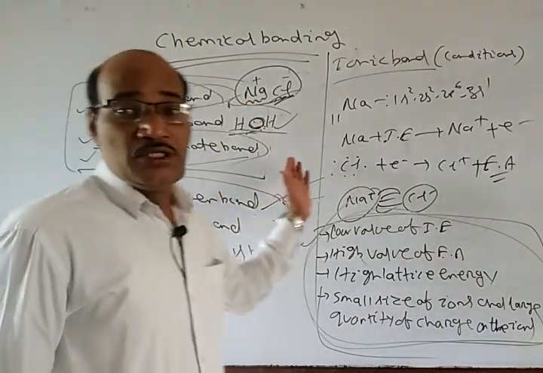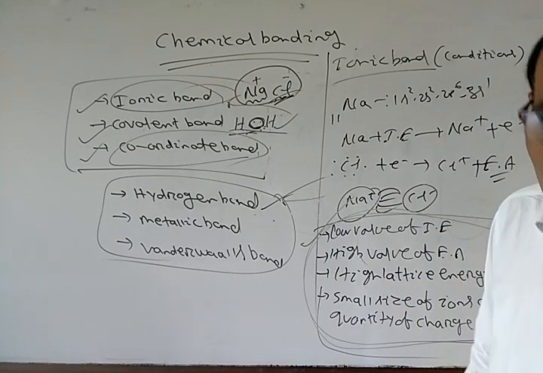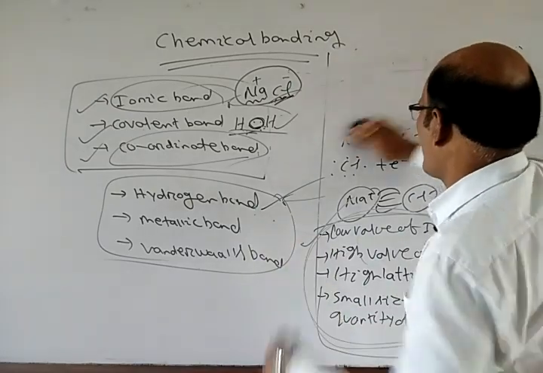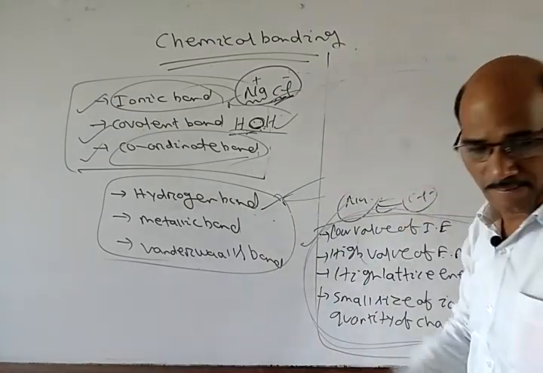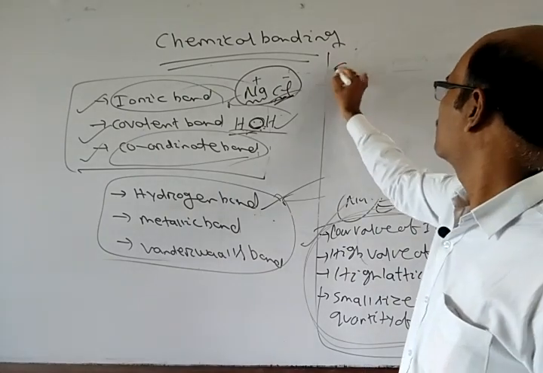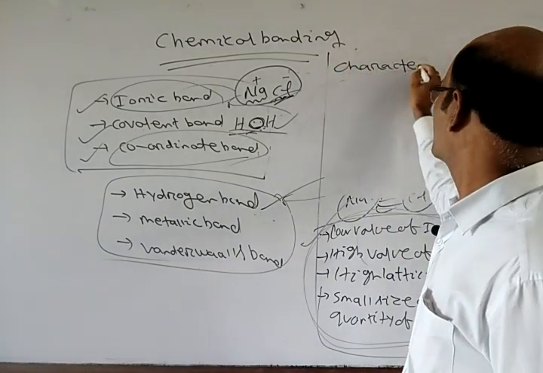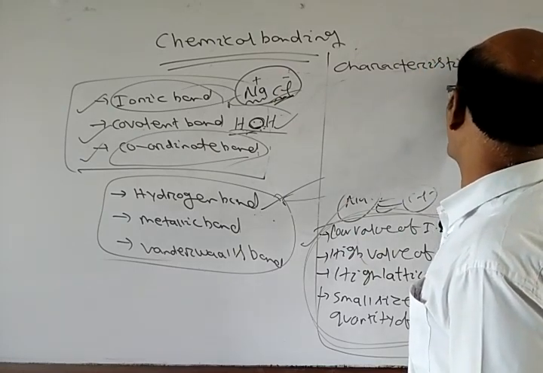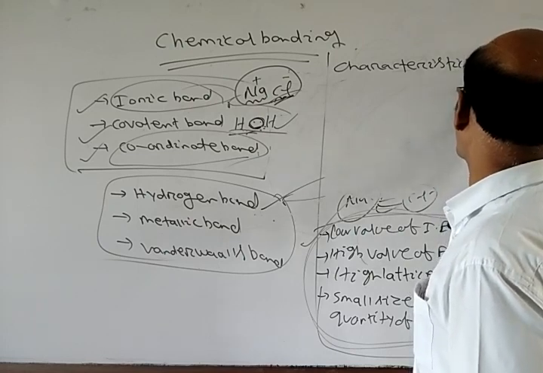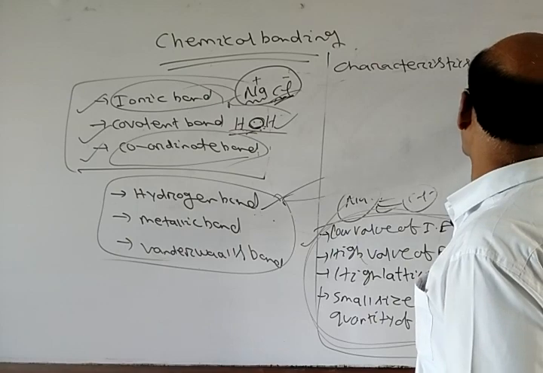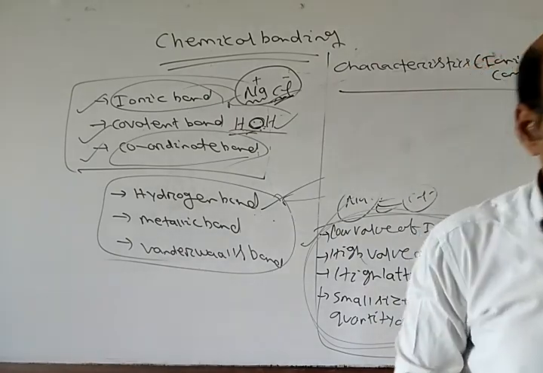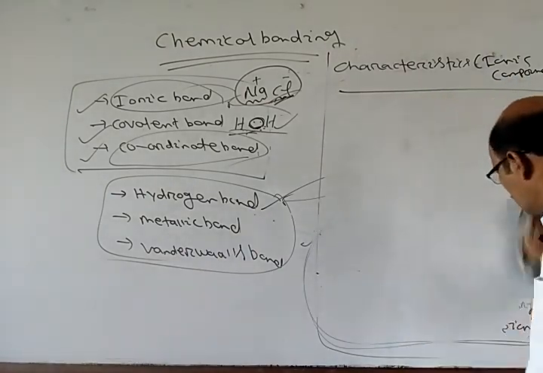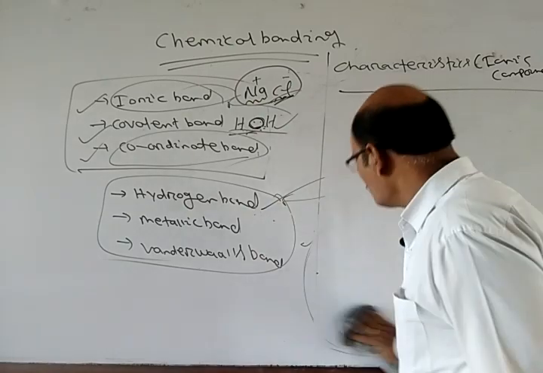So now, what will be the characteristics of these ionic compounds? Already we discussed that the ionic bonds are formed by the net attractive force between the positive and the negative ions.